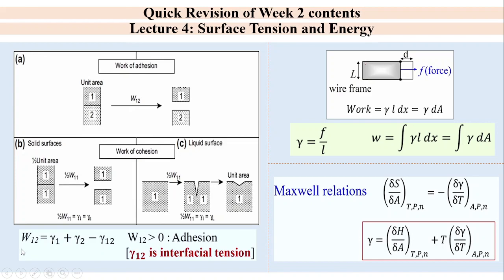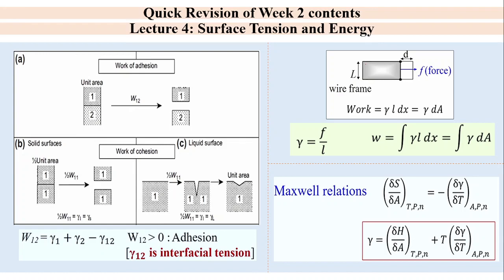Next, we were taught about work of adhesion. The work of adhesion between two interfaces 1 and 2 is equal to surface tension of 1 plus surface tension of 2 minus the interfacial tension between the two molecules.